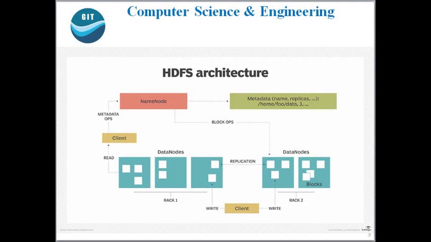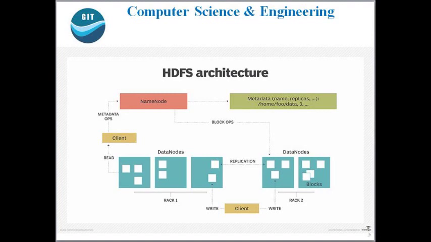Data node: it stores data in blocks. This is also known as the slave node, and it stores the actual data in HDFS, and it is responsible for the clients to read and write. These are the slave daemons.